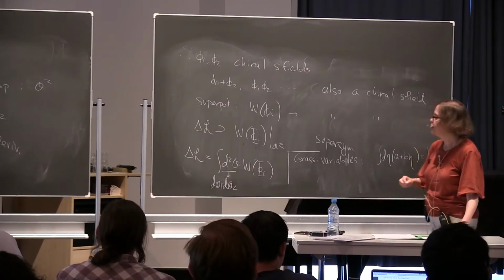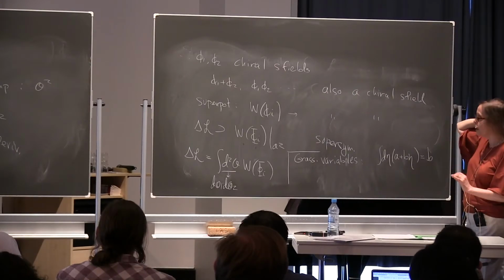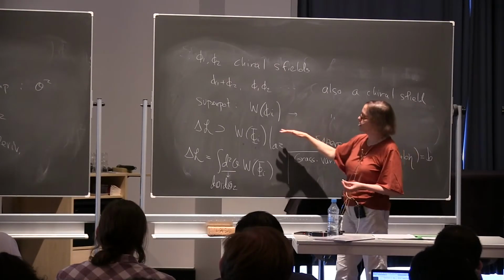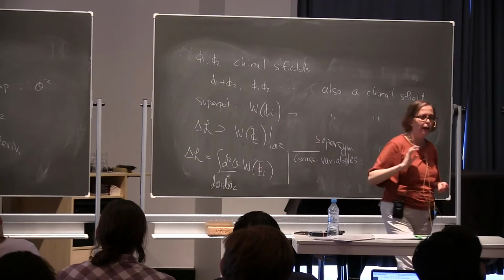So at this point, we know how to construct interacting Lagrangians if we only have chiral superfields.